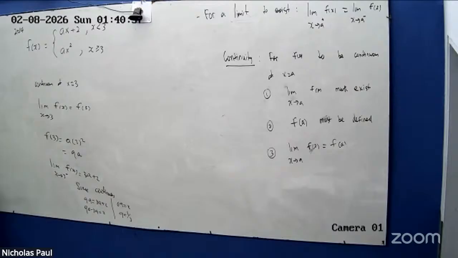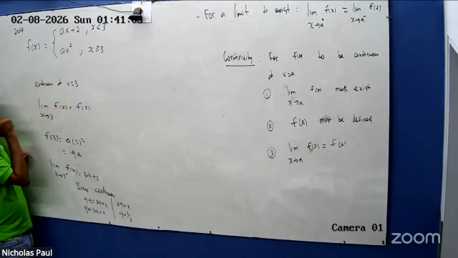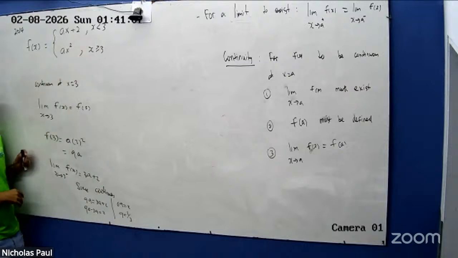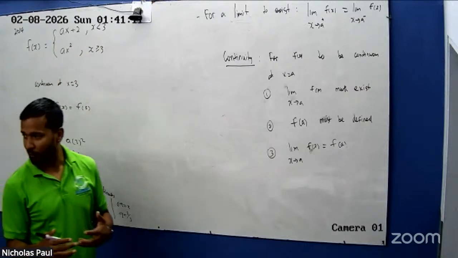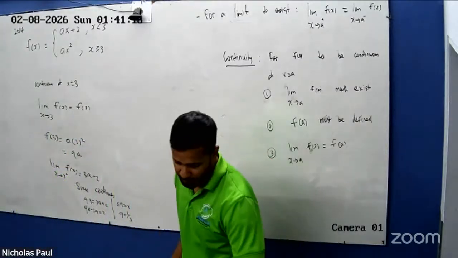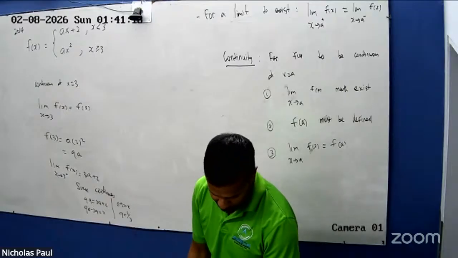Are you okay with that? Sure. So you have to check left and right. Every question is very related by the same principle. Sometimes they give you a value, sometimes they don't.